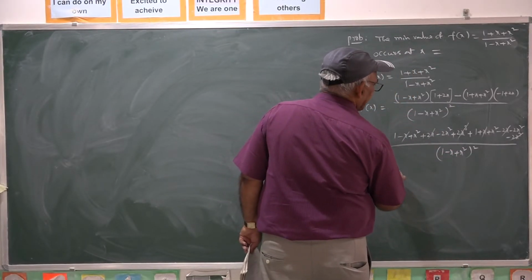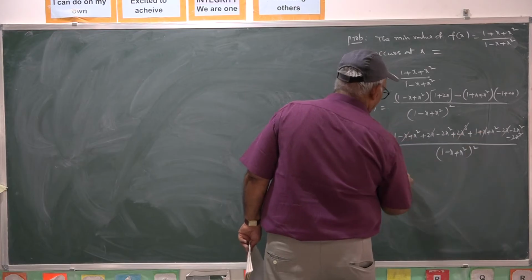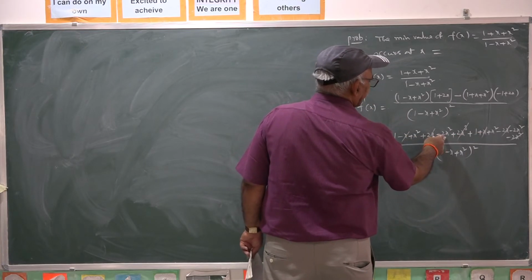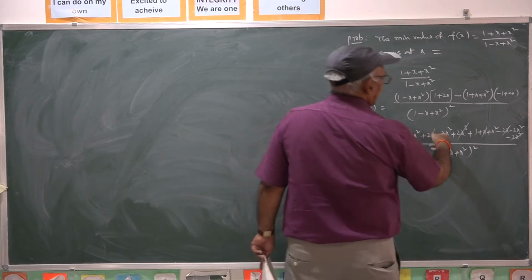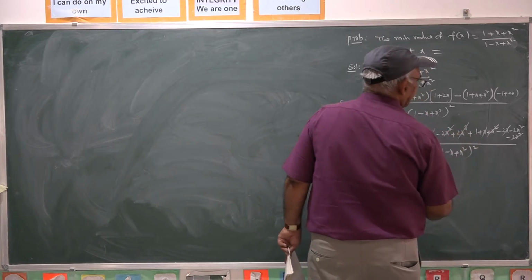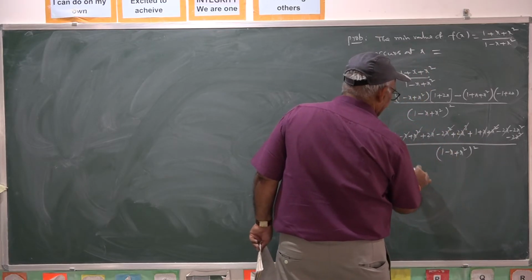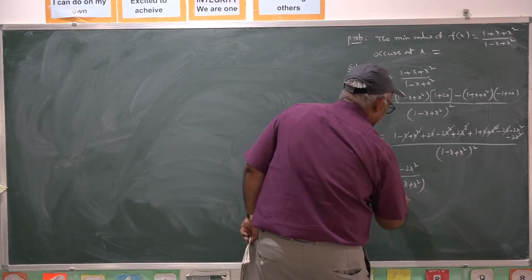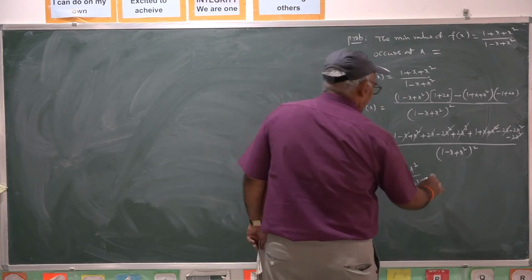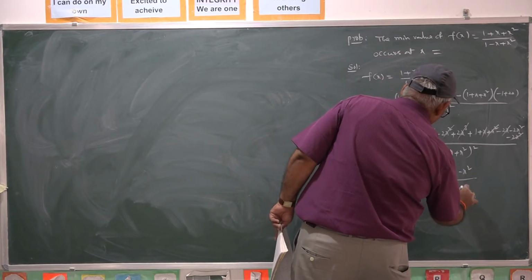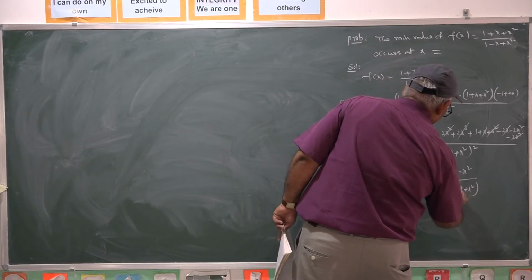So the remaining terms are 1 plus 1, 2; next x square minus 2x square gives us minus x square, minus x square plus x square. So we get minus 2x square by (1 minus x plus x square) whole square, which is twice (1 minus x square) by (1 minus x plus x square) whole square.